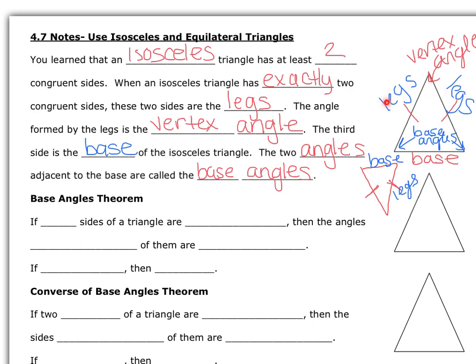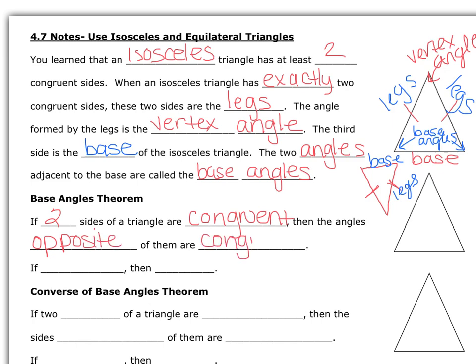Now we're going to take this and apply it to help us set up equations. If two sides of a triangle are congruent, so we know that's isosceles, then the angles opposite of them are also congruent.